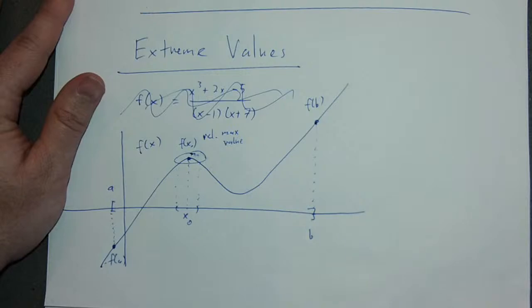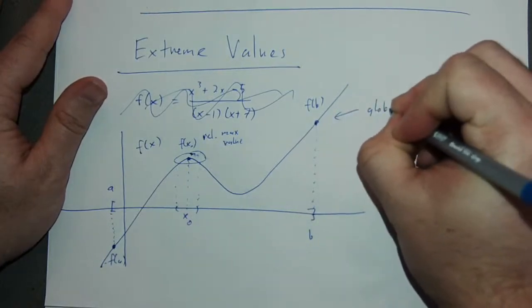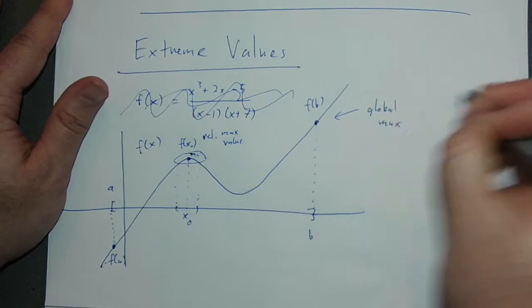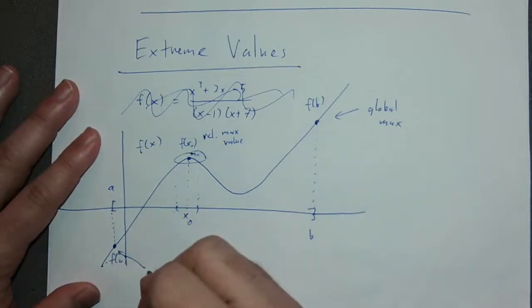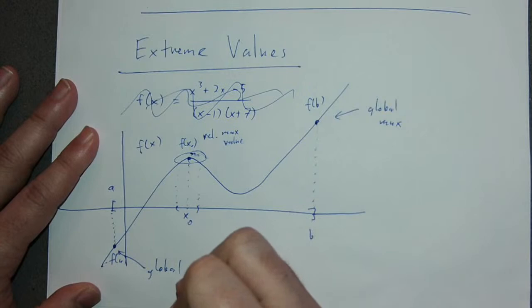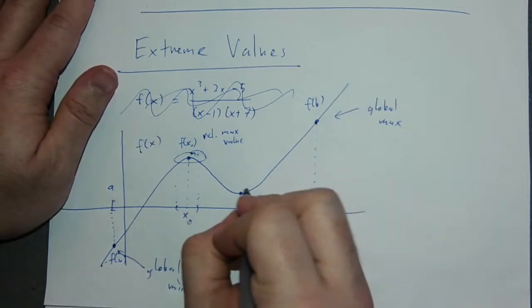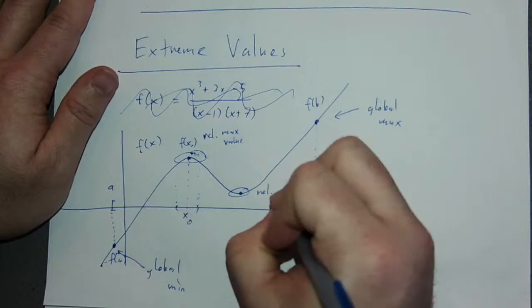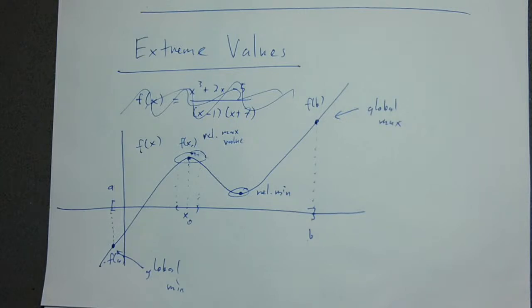And so here would be the global max, or sometimes you'll hear the word absolute max. And here would be the global min. This point, of course, would be an example of a relative min.